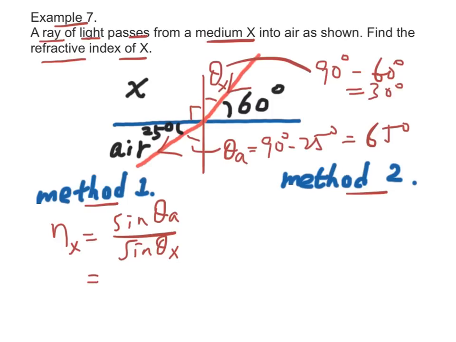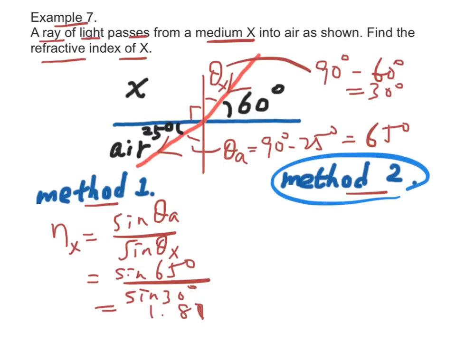Therefore, we have refractive index of X equal to sine 65 degrees over sine 30 degrees, which is equal to 1.81.